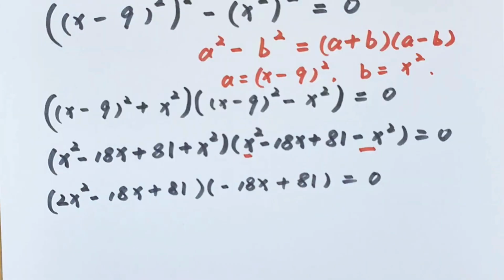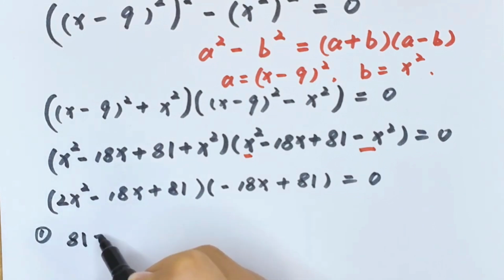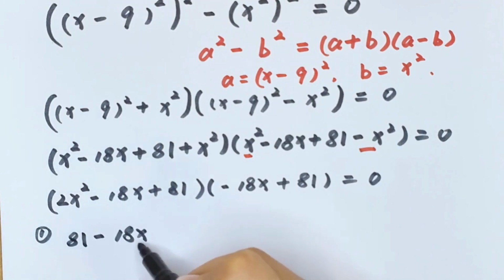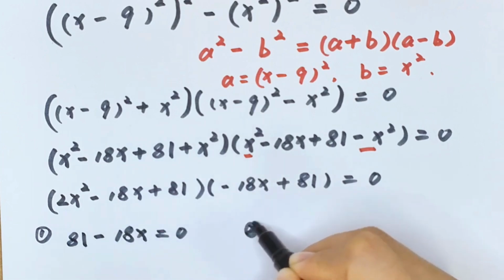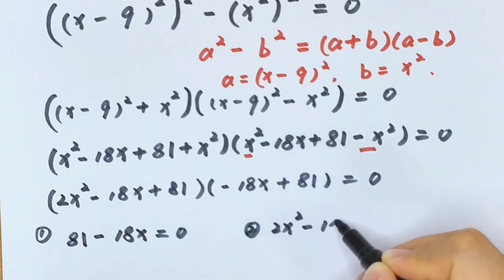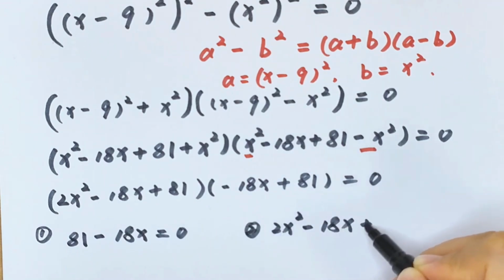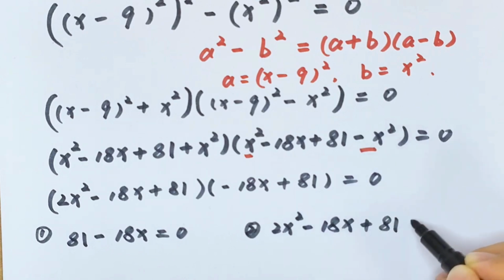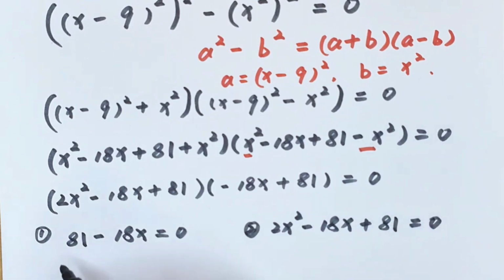Now we have two cases. First, 81 minus 18x equals 0. Another case is 2x squared minus 18x plus 81 equals 0. Now in here, negative 18x equals negative 81.